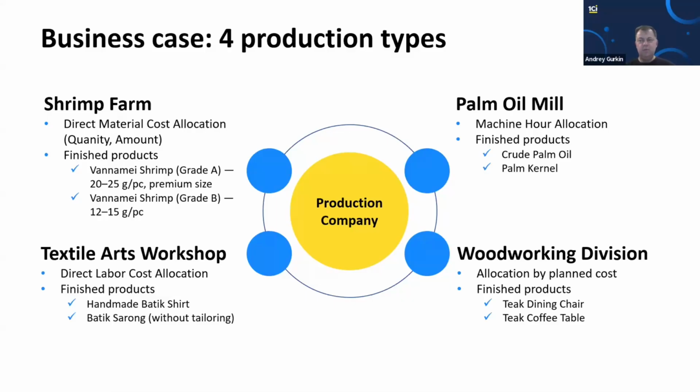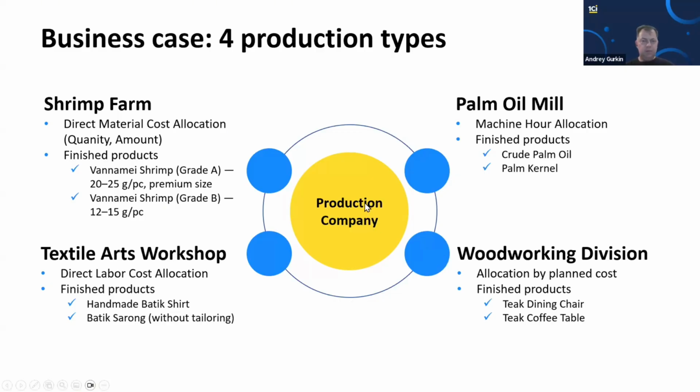For us, we are not producing the very first stage, we're just producing this oil. We have 2 finished products, crude palm oil and palm kernel. And the last one, the woodworking division, with allocation by planned cost. Here we have teak dining chair and teak coffee table.